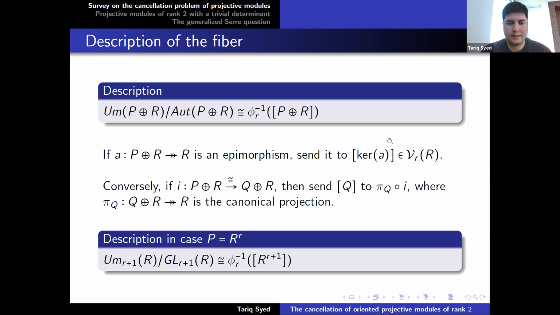So we send this epimorphism to the class of its kernel. Conversely, if we have a stable isomorphism, we take the class of Q and send it to the composite of this isomorphism and the projection onto R. As one can easily check, this is an identification of this orbit space with the fiber.